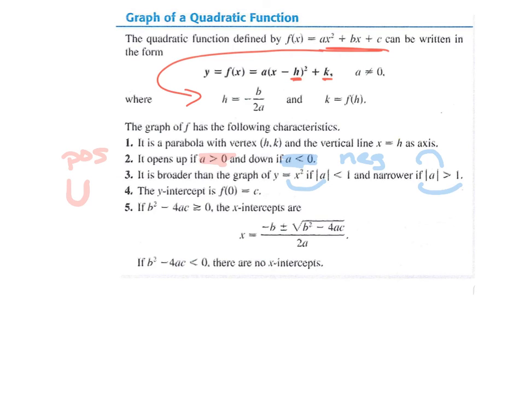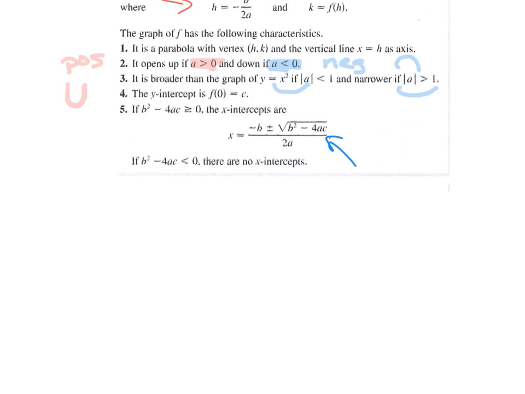Now, when we do the quadratic formula on the ones that can't be factored, if we get a negative number under that radical, that's going to give us an imaginary number. When that occurs, you're going to state that there are no x-intercepts. Can you say that again, please?